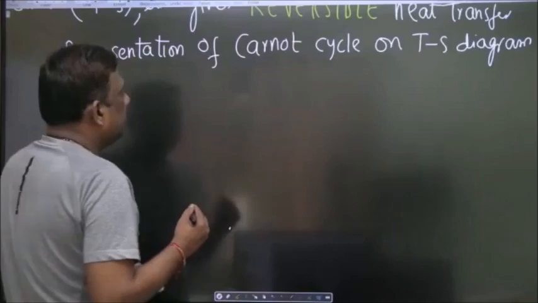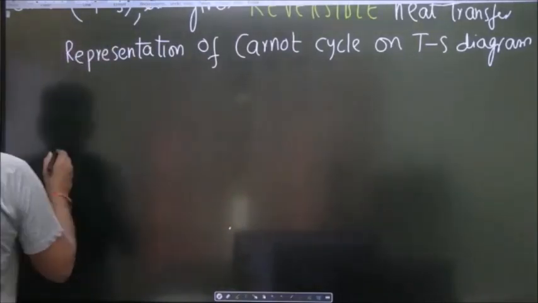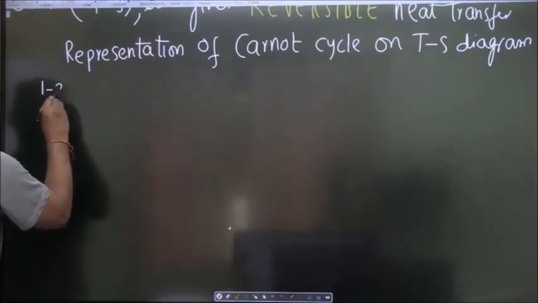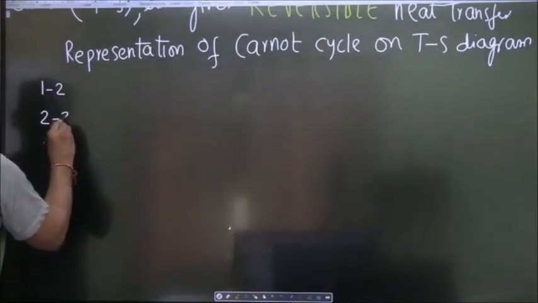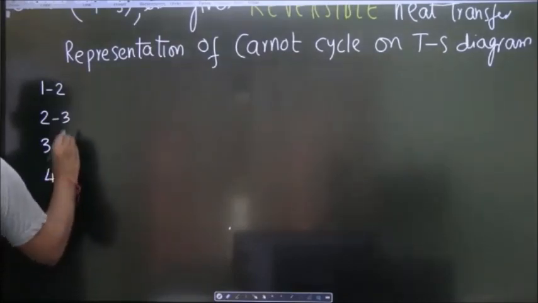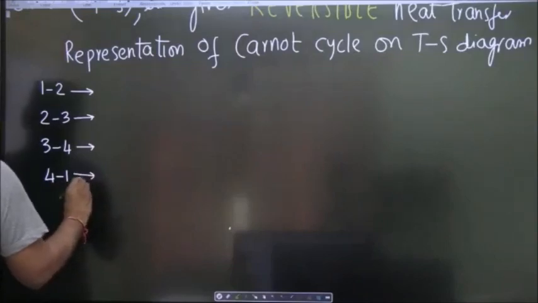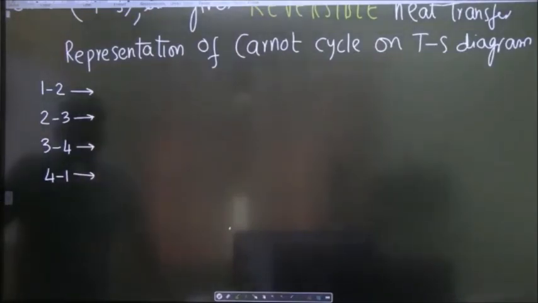Yes. Now let us represent the Carnot cycle on the TS diagram. You know that in the Carnot cycle there are 4 processes: 1 to 2, 2 to 3, 3 to 4 and 4 to 1.